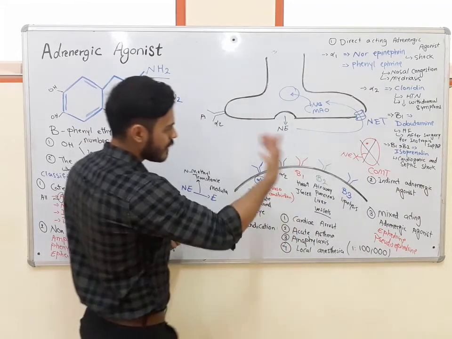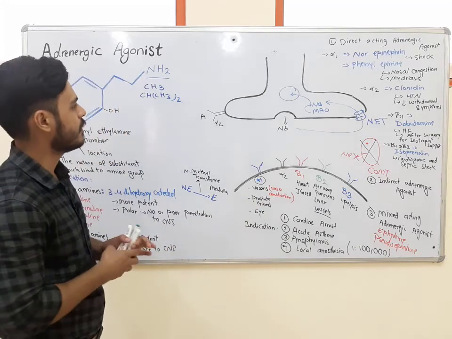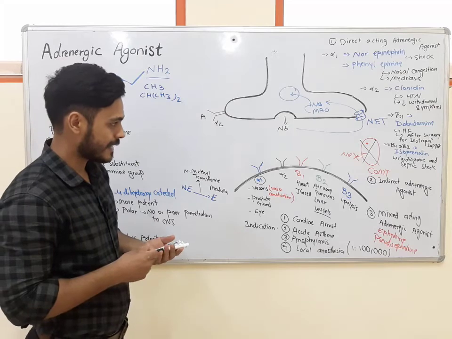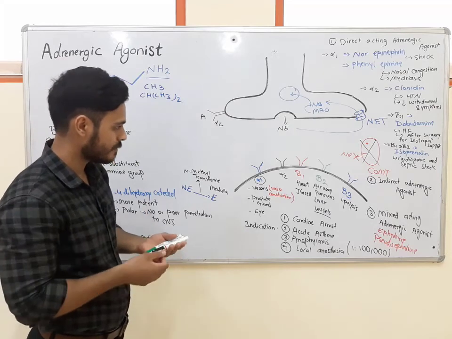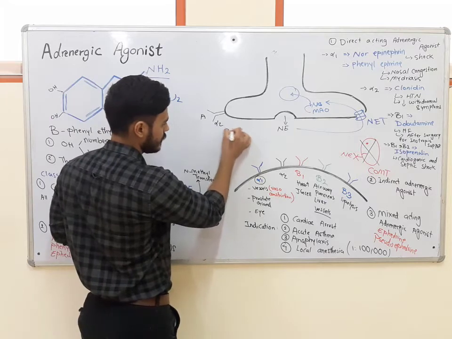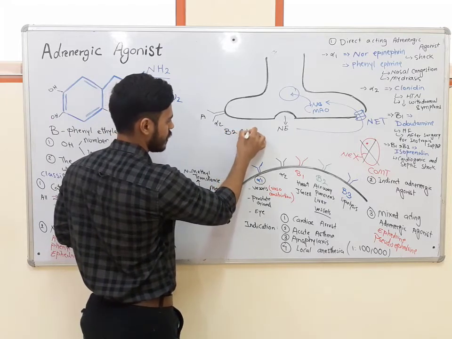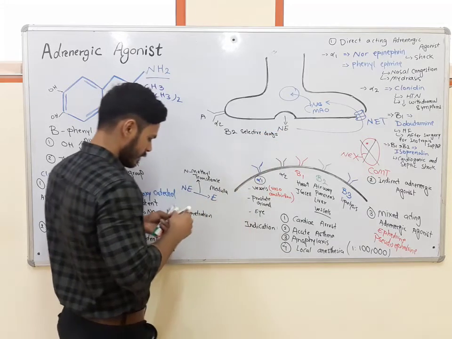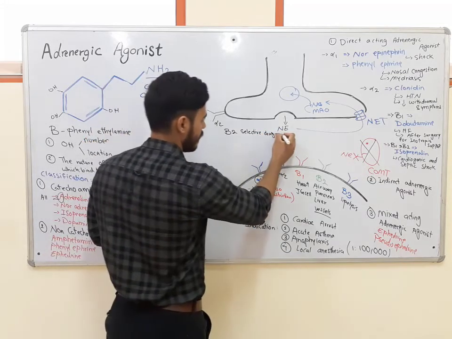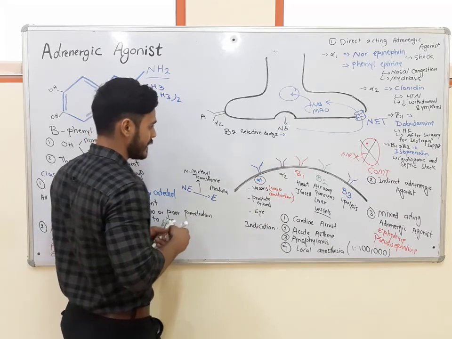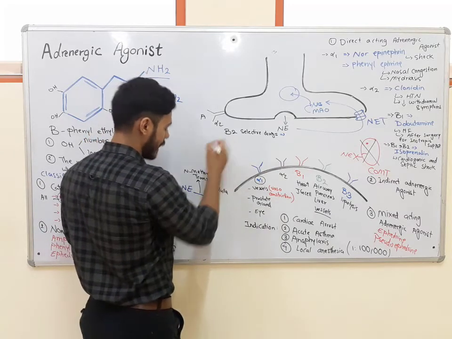We have some other drugs also, I will write them here, which are selective for beta-2 receptors only. Beta-2 selective drugs. We have short-acting drugs as well as long-acting drugs.